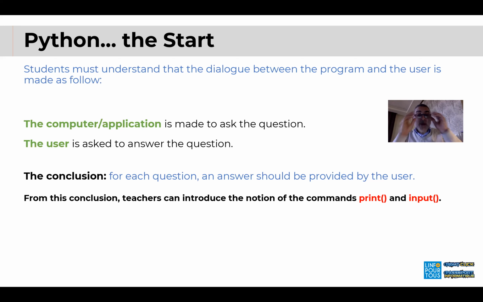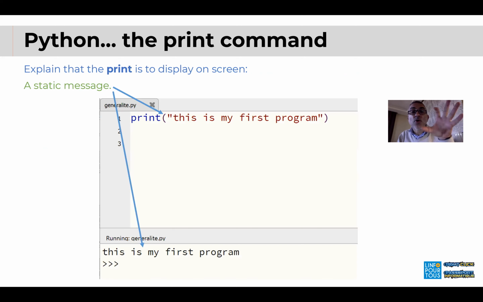When they write code in Python, they are programmers. The moment they click on run to execute the program, they are users, because we cannot call anybody from outside the computer room or from the house to tell him, please check my application to see if it's working. So here we are playing a double role.